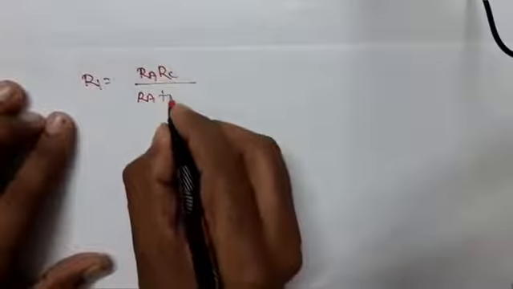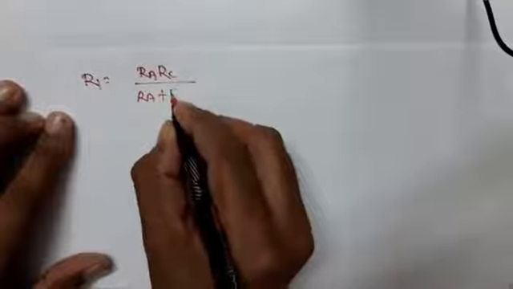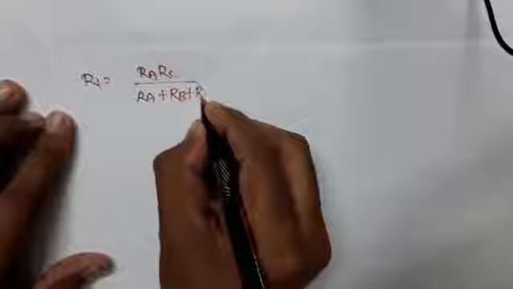Finally, R1 equals RA into RC divided by RA plus RB plus RC.